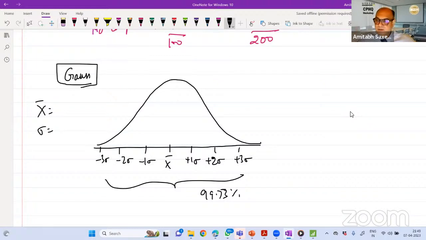Plus minus 3 times the standard deviation. Okay.